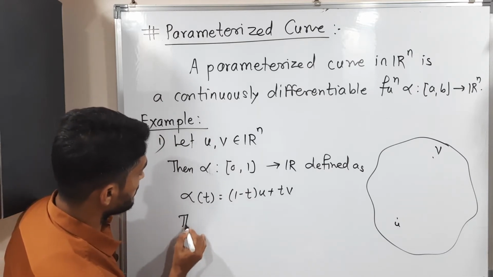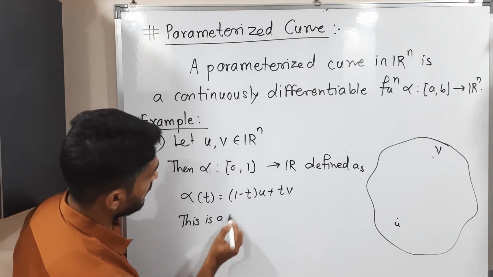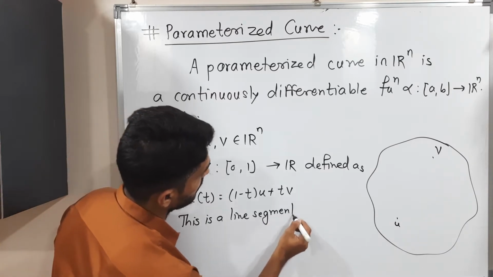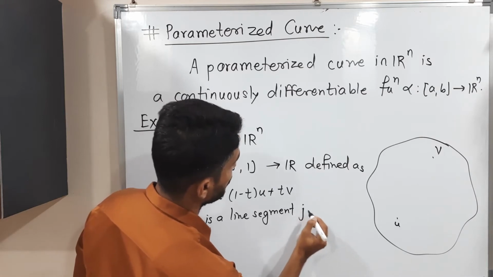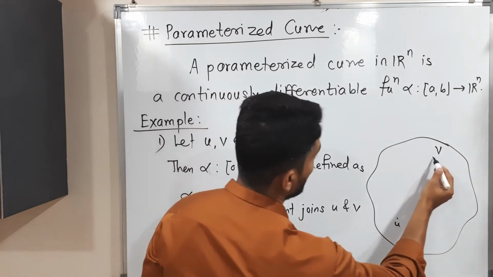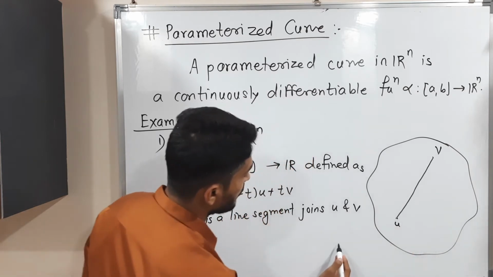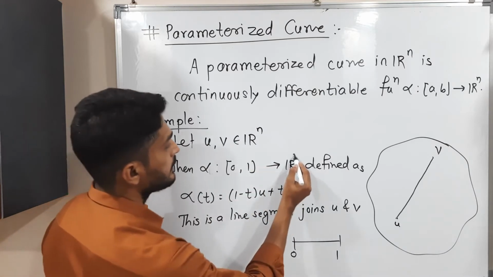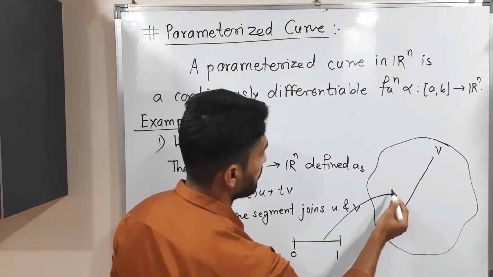So this is a line segment that joins u and v. So we get a line segment actually. We are defining from closed interval 0 1 to Rn in this way.